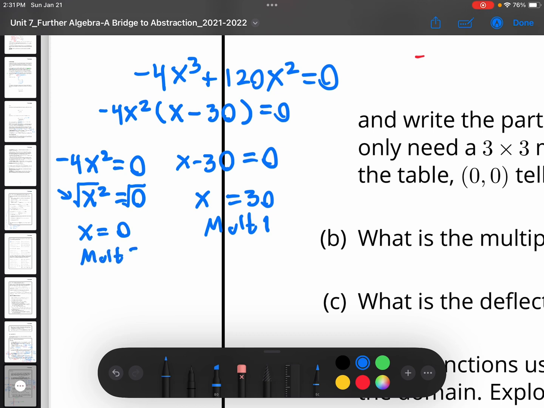Anytime you have x squared equal to 0, the multiplicity is 2. If you had x cubed equal to 0, then you would have a multiplicity of 3. So this is what they're looking for in part A.